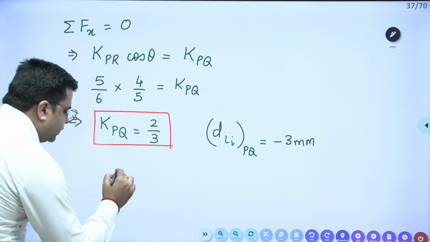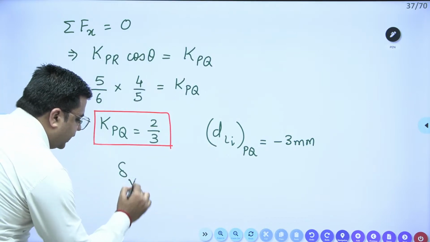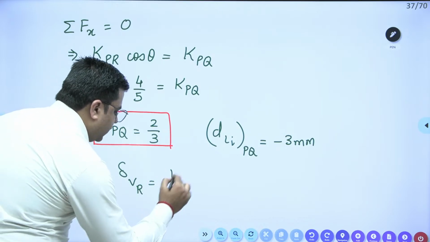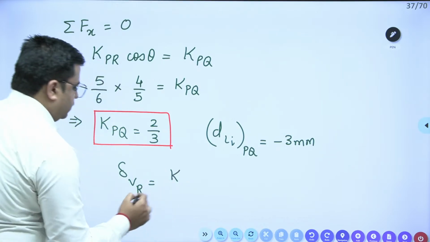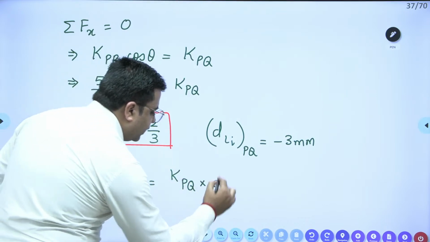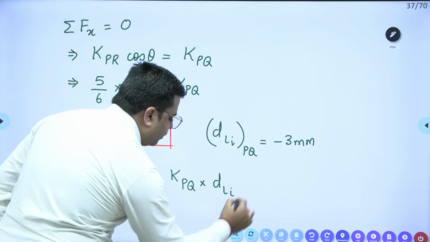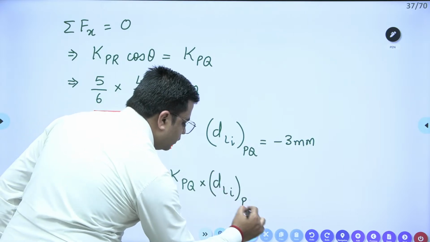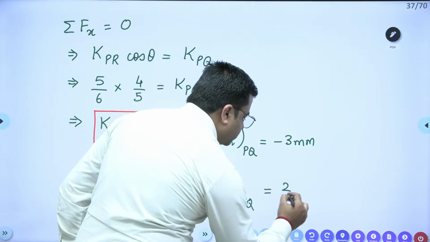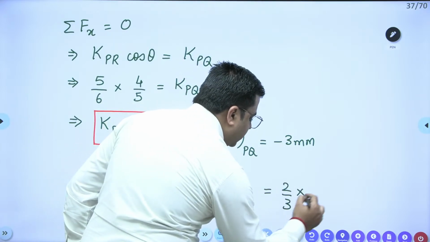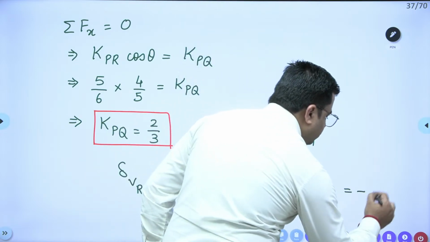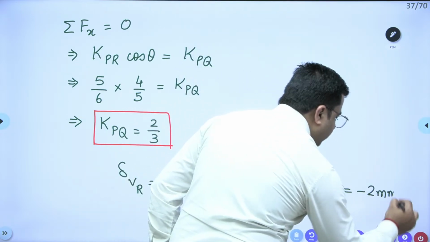So this delta vertical of joint R is KPQ multiplied by the lack of fit of PQ. So KPQ is 2 by 3 multiplied by minus 3. This comes out to be minus 2 mm.